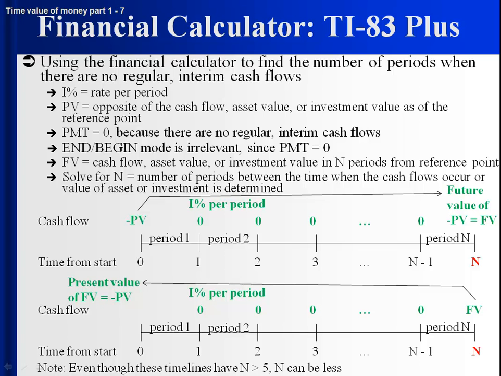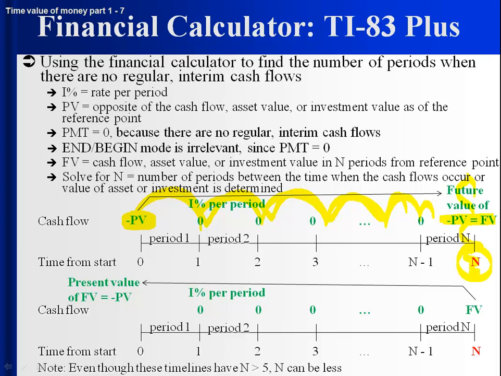Again, the financial calculator is going to be really useful. So we give it our present value, rate of I percent per period, and we know what the target is. We set that as FV, and it will tell us the number of periods that it needs to grow. And this picture is drawn such that n is an integer.